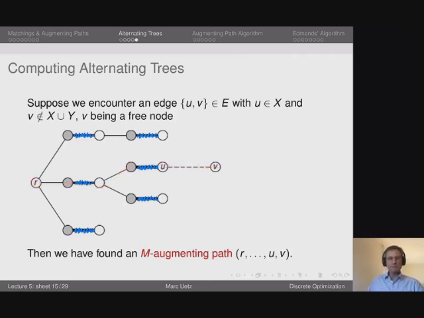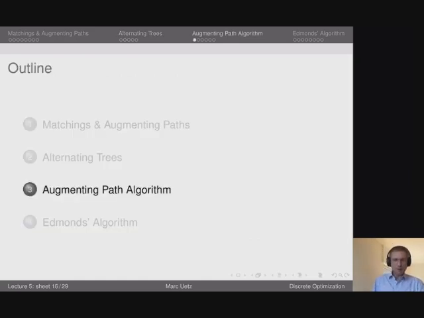Now, this already gives us an algorithm, so we now have a way of finding M augmenting paths by computing these alternating trees. So that is not so difficult. So we actually end up at a very generic augmenting path algorithm, of which we will see that it works for certain graph classes, for example, bipartite graphs.